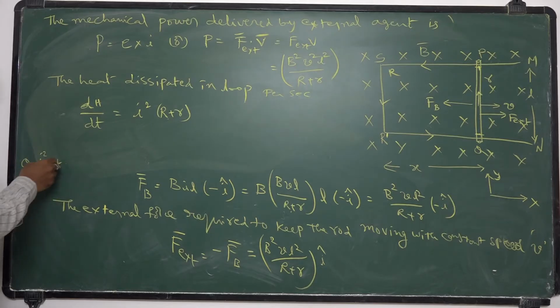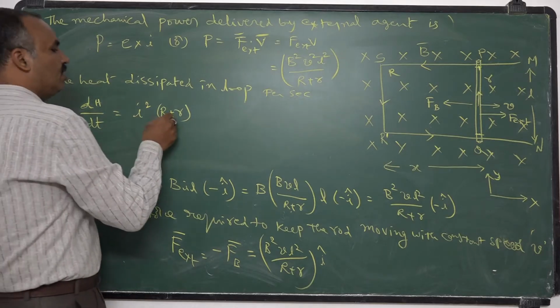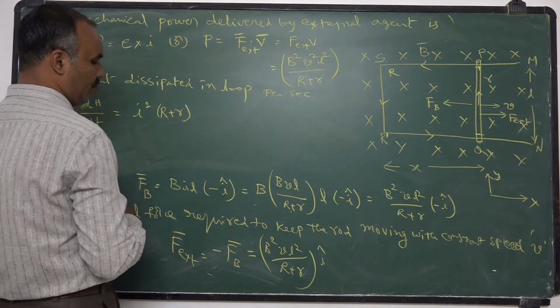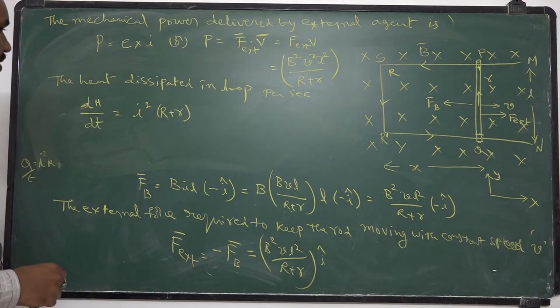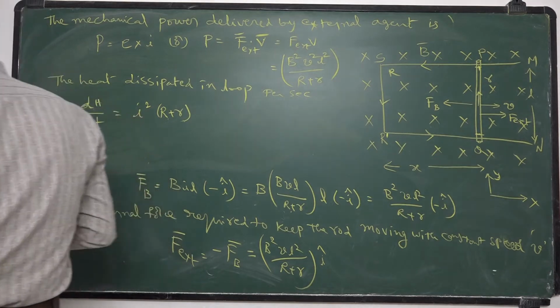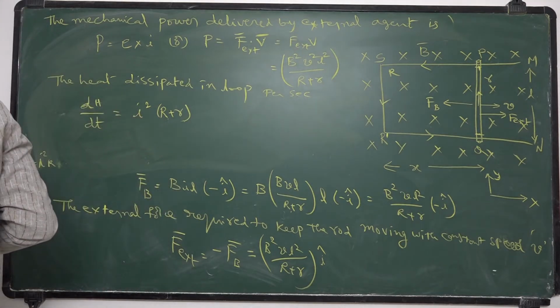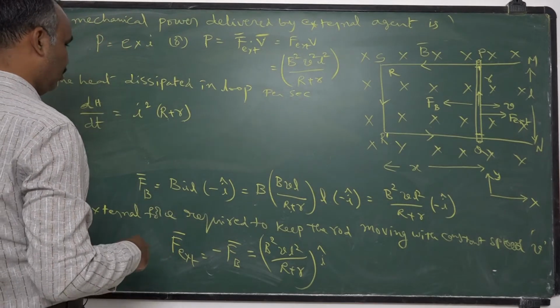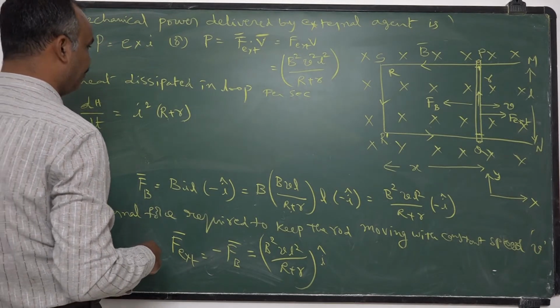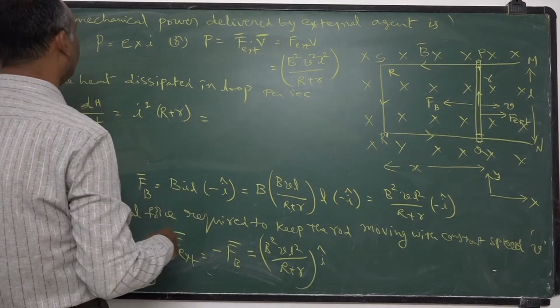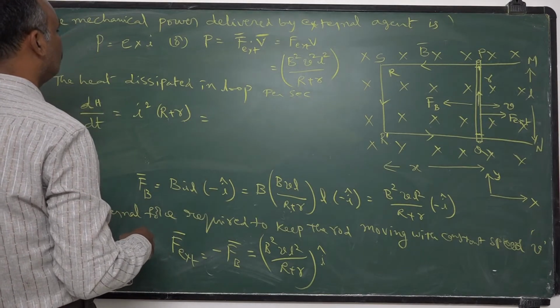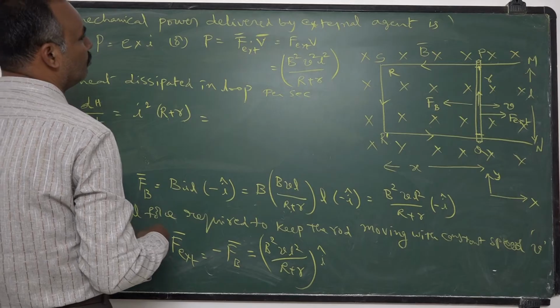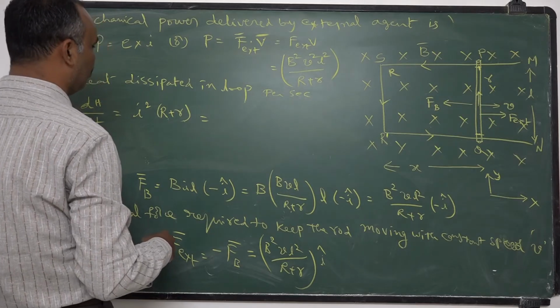If you bring this T this side, Q by T becomes I square R. So here resistance means effective resistance you should take into consideration. Already we calculated current value. I square (R plus r) will give the heat dissipated. What is the value of current?